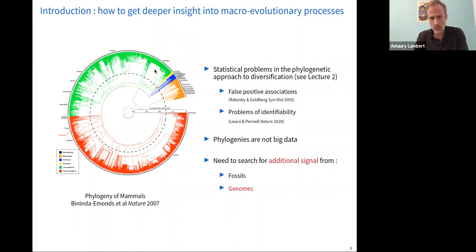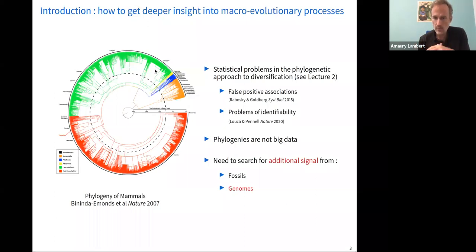And the first class of problems is statistical problems of two kinds: false positive associations. For example, there have been attempts of trying to see if these methods could detect an association between the speciation and extinction rates on the one side, and on the other side a trait which would be fake, like for example the number of letters in the species name.